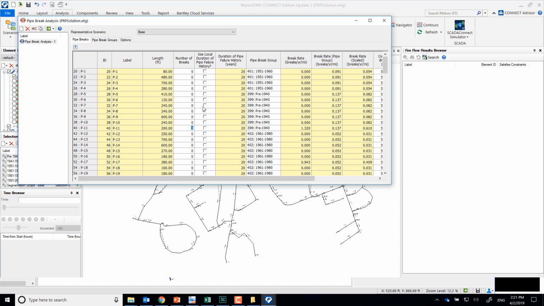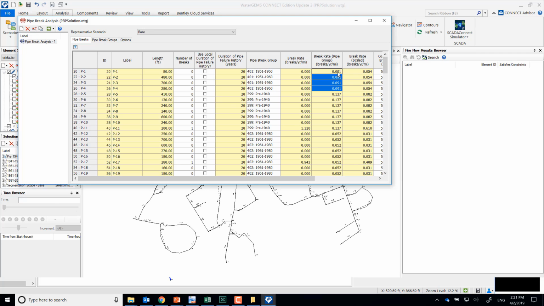This is why we created pipe break groups by year installed. And you can see that this pipe, for example, P1, has a break rate of 0 breaks per year per mile because there have been no breaks. But it belongs to a group that has a break rate of 0.091.